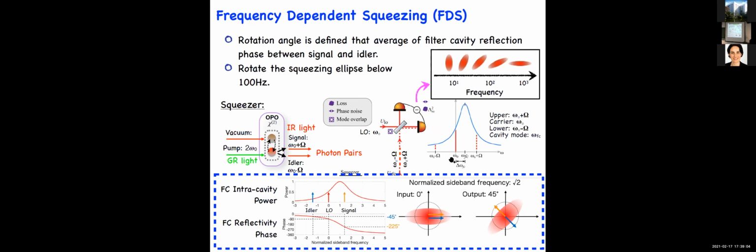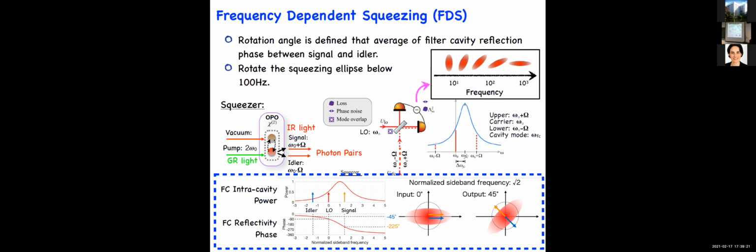You can see this local beam frequency is here, like this. The signal and idler are centered around it, so it's a symmetrical sideband.